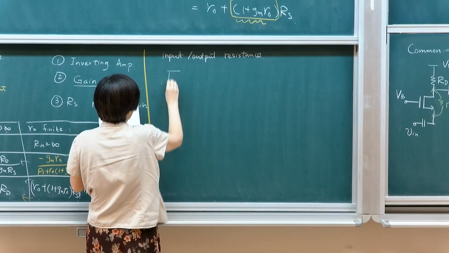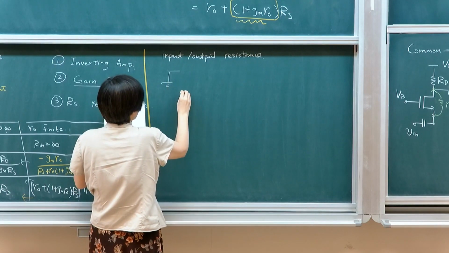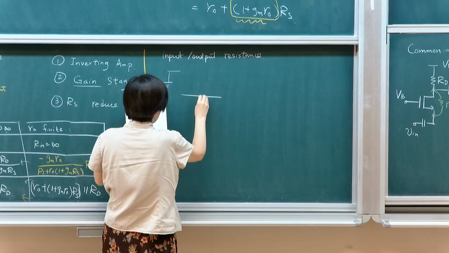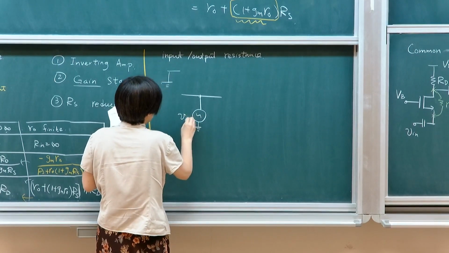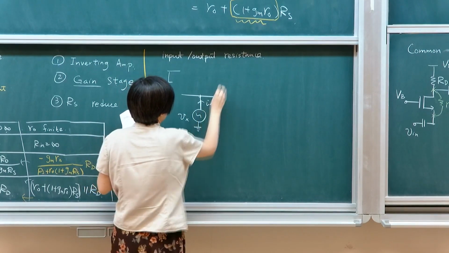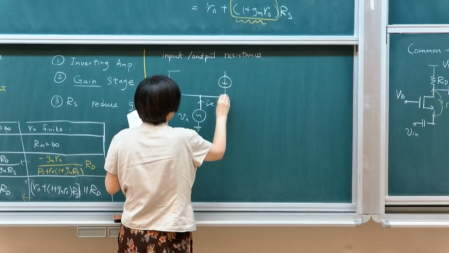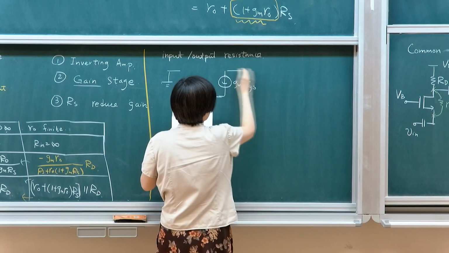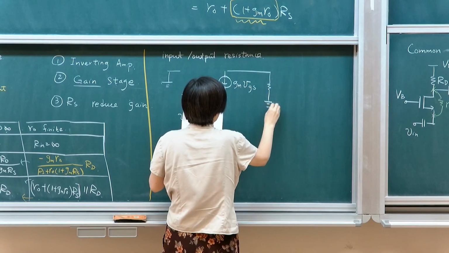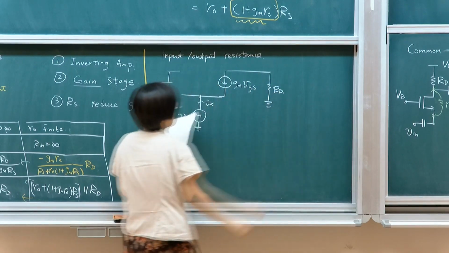We're going to do the same thing. When you're looking at the input, I'm giving a test voltage Vx and looking at its test current, gm VGS RD.